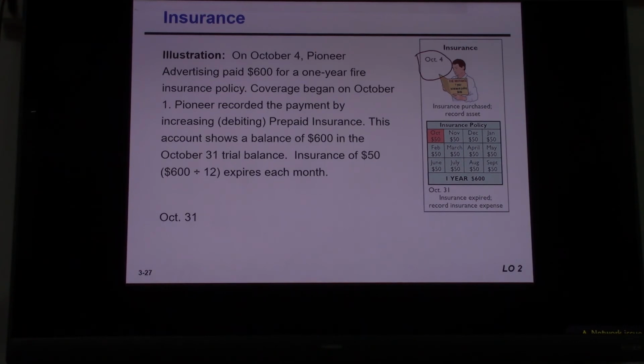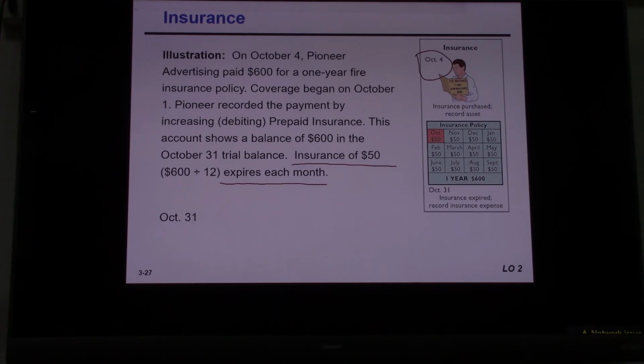Then this account shows a balance of $600 on October 31st. Insurance of $50 expires each month, so each month you consume $50 of insurance. You are required on October 31st to make an adjusting entry because from October 4 to October 31st, 1 month of insurance has already expired.